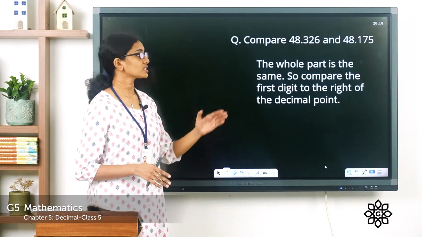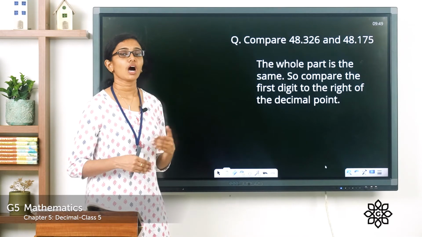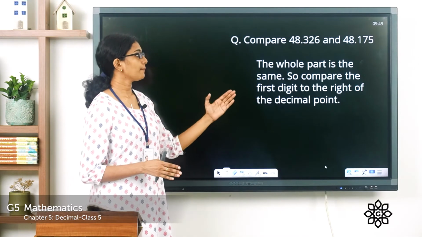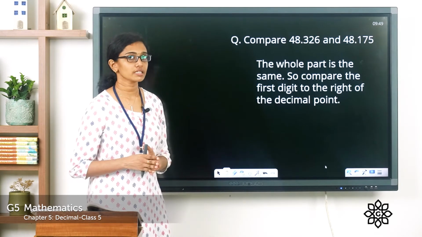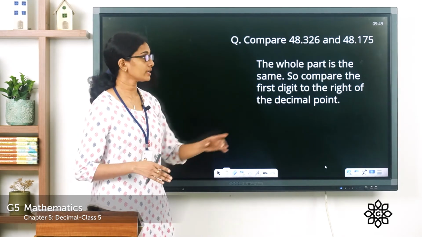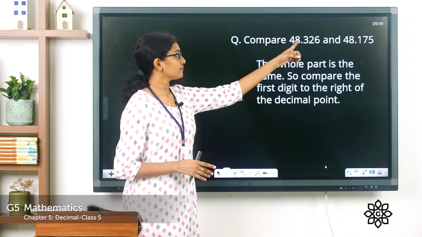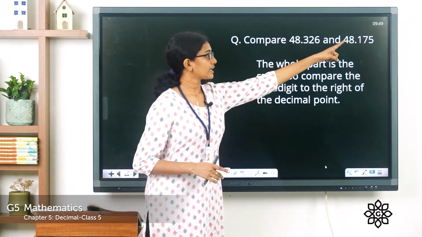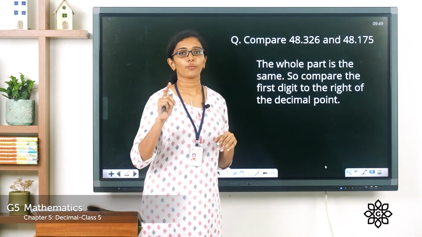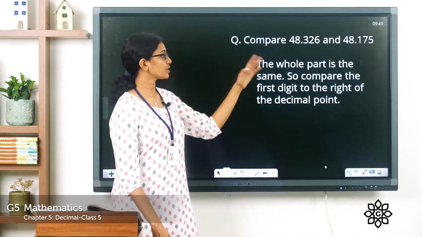It is 48. So since the whole part is the same, how do we compare? We have to compare the first digit to the right of the decimal point. In the first number, the digit to the right of the decimal point is 3, and in the second number, it is 1. So let's compare 3 and 1.